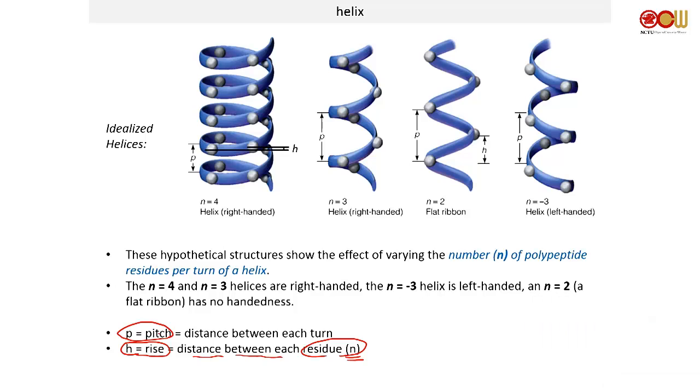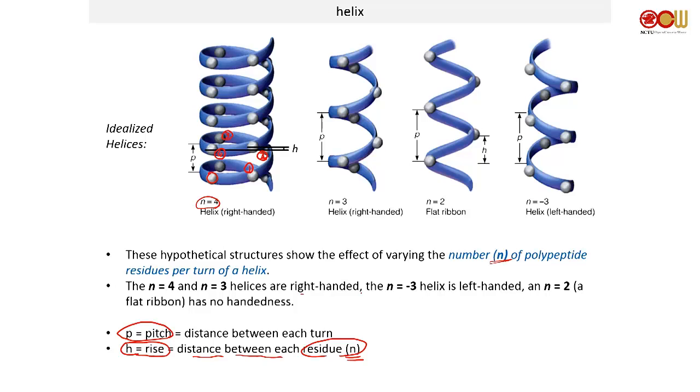So above, these hypothetical structures show the effect of varying the number of polypeptide residues per turn of a helix. If you have a right-handed helix where n is equal to 4, then from this position you have 1, 2, 3, 4.